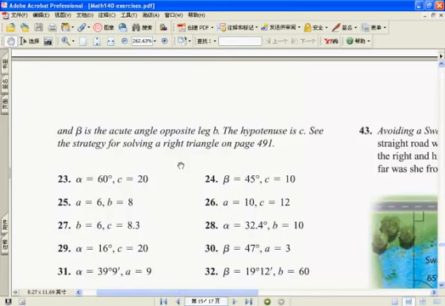After we finish this problem, we'll go back to page 491 for the strategy for solving a right triangle. So now let's look at problem 26, page 497, 26.